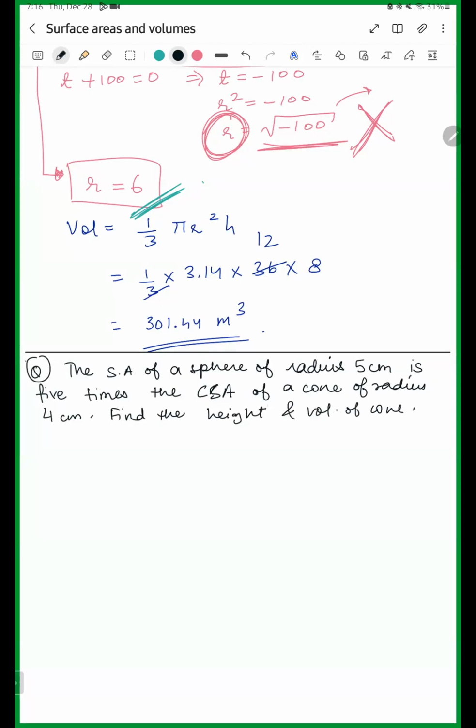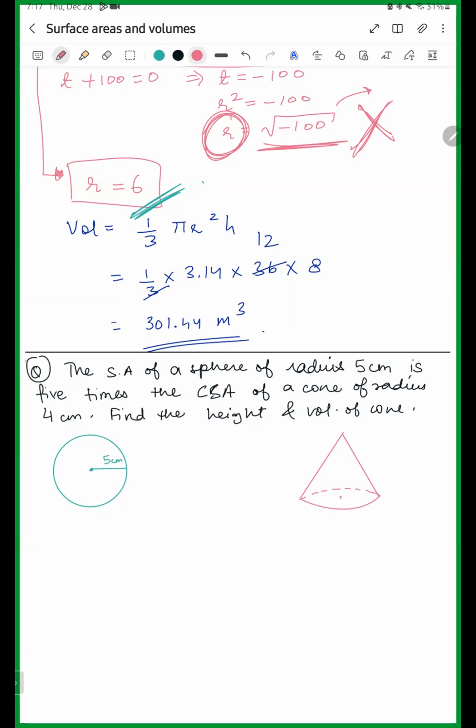Here, two different figures are given to us. One is a sphere and the other is a cone. The sphere has radius 5 centimeters and the cone has radius 4 centimeters.